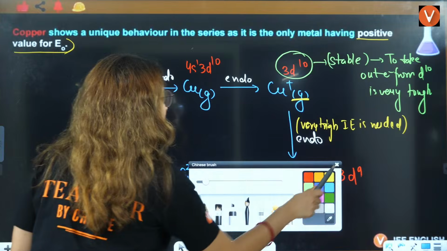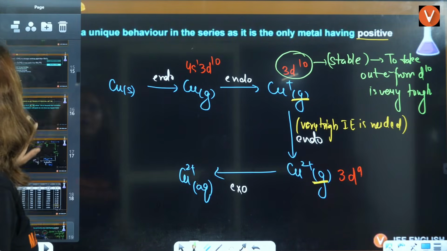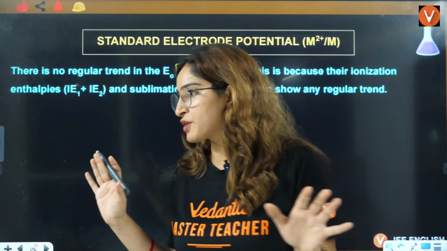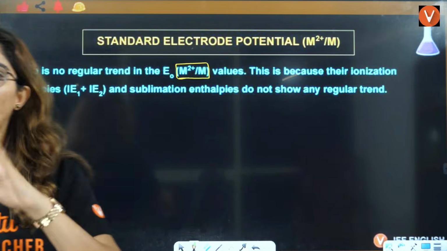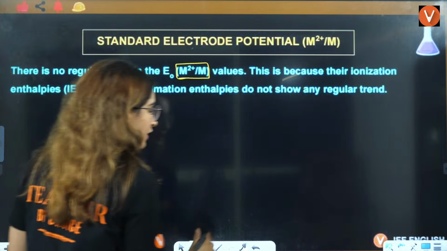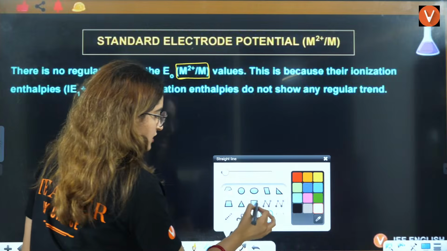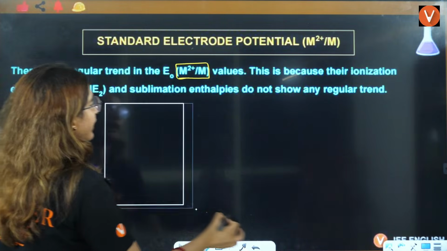See, now you will ask me, ma'am, some of you might be having this question: what do you mean by this positive reduction potential? Okay, so I'll tell you one very simple thing here. This is actually a way to remember this.